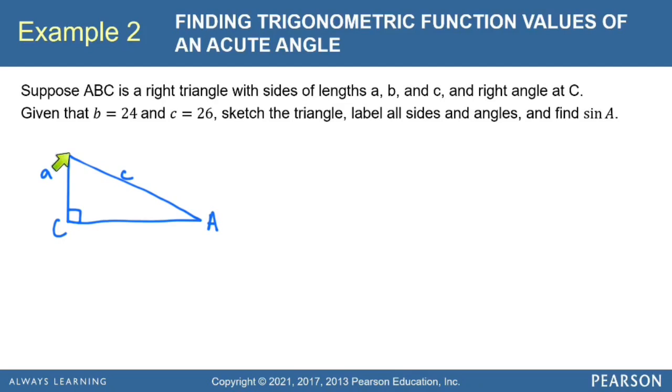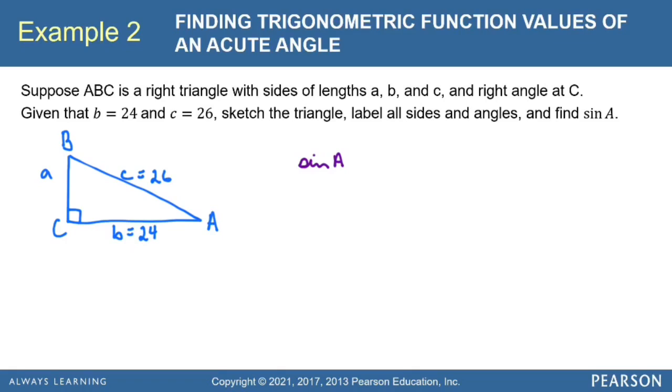And the last angle that we have to label is capital B right here. And that means that the side opposite to that has to be labeled lowercase b. Now they've told us in the problem that b is 24 units long and c, the hypotenuse, is 26 units long. So now we've sketched our triangle, we've labeled all the sides and angles, and now we want to find the sine of angle A.